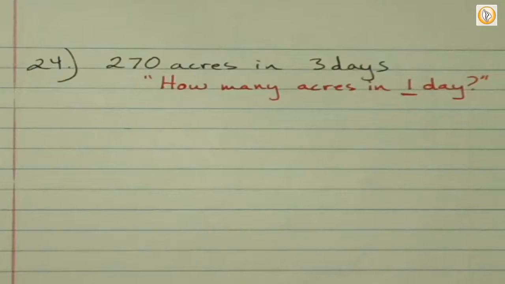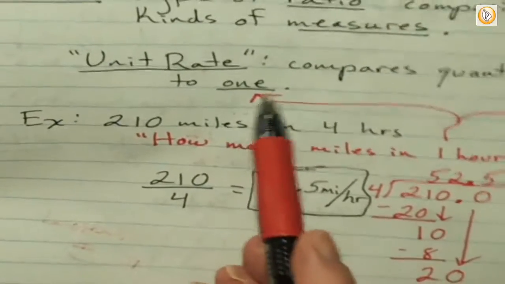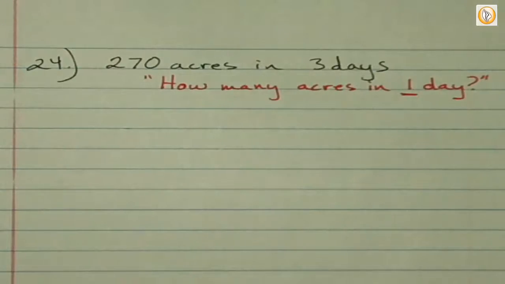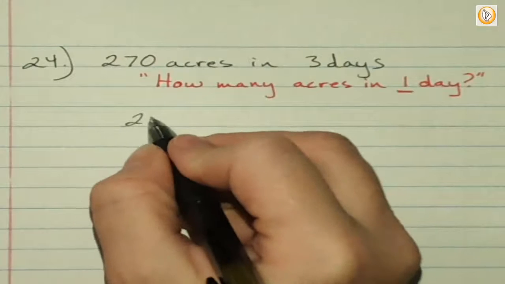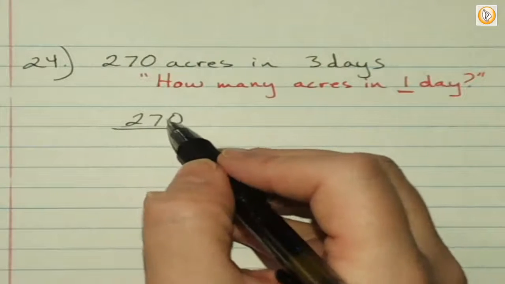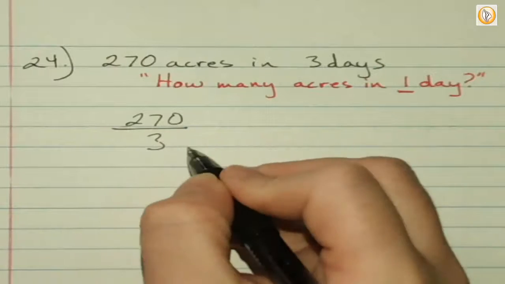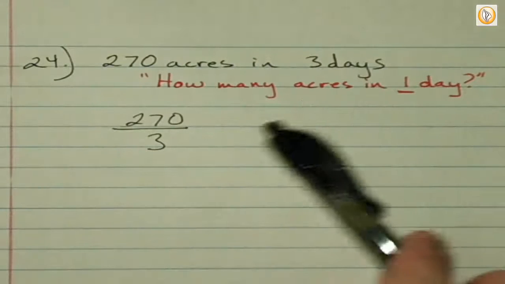From our notes about unit rates. Because if you were to say 4 miles per hour, how many miles per hour? What if it's 2 days? No, it doesn't matter. Unit rate, we're asking for 1. Even if it says 2 days, you'd still try to find out how many in 1 day. Okay. All right, Kelly, how do I find this out? You divide 270 by 3. So 270 goes first. Because how many acres in 1 day?